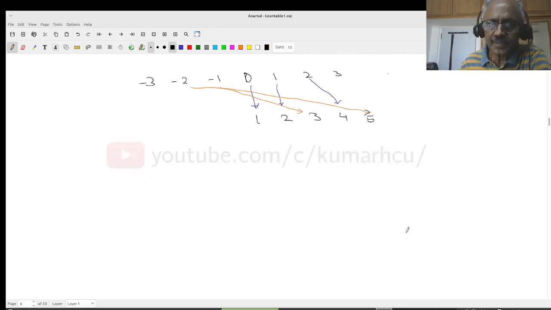You understand? So you see the pattern. 1 goes to 2, 2 goes to 4, and where do you think 3 will go to? 3 will go to 6.